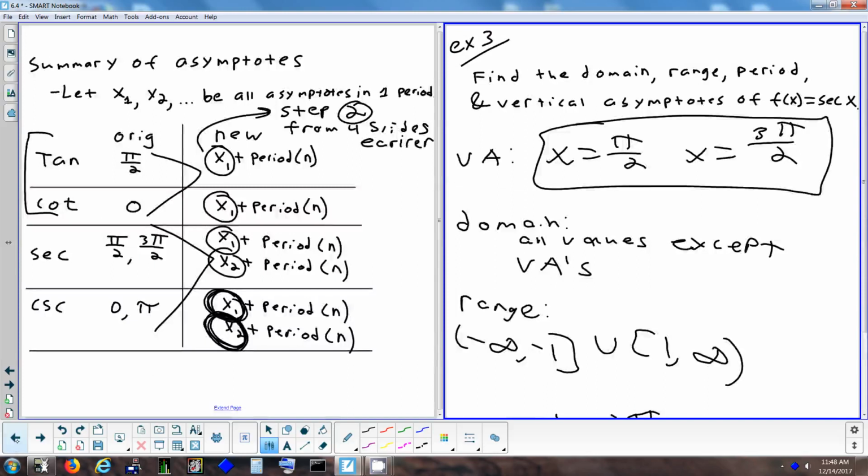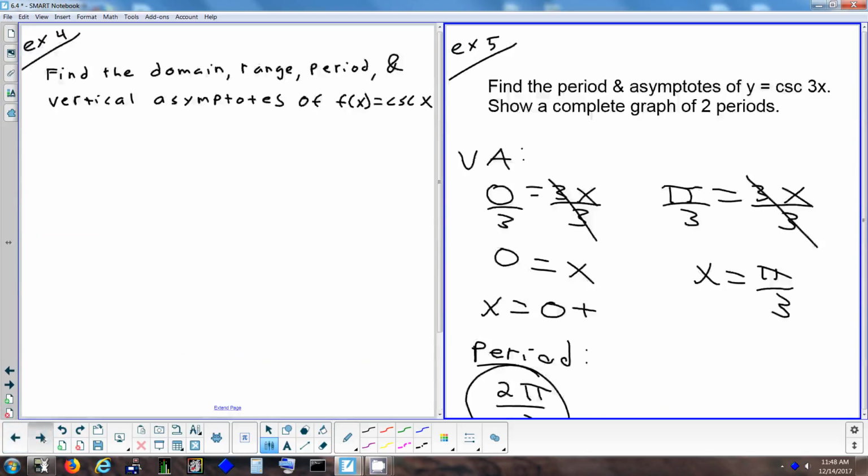How often? Every period times n. Every multiple of the period, you get another one. So 2 pi over 3 times n. If you add 2 pi over 3 to 0, you're going to get another asymptote. If you double 2 pi over 3 and add that, you get another one. Every multiple.